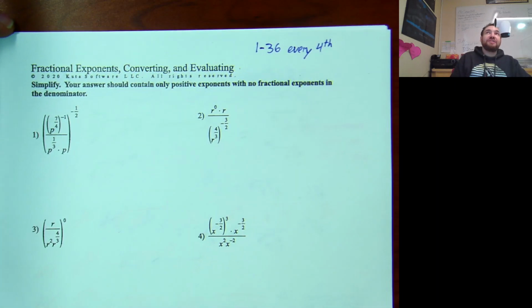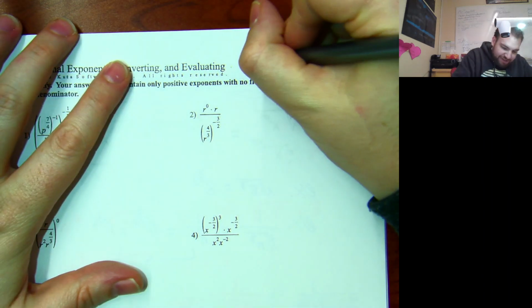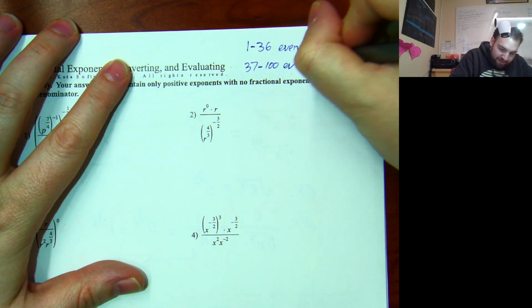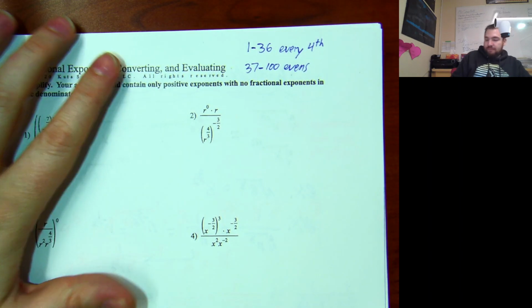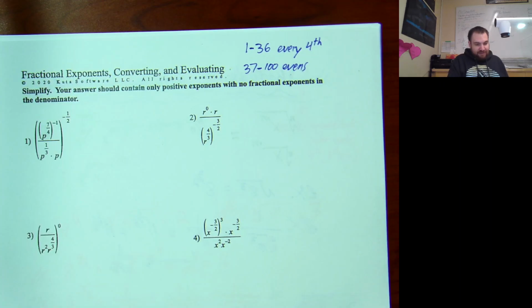Okay? 1 to 36 every fourth. And then you're gonna do 37. And then you're gonna go 37 to 100 evens.